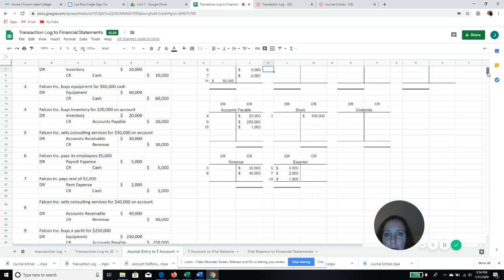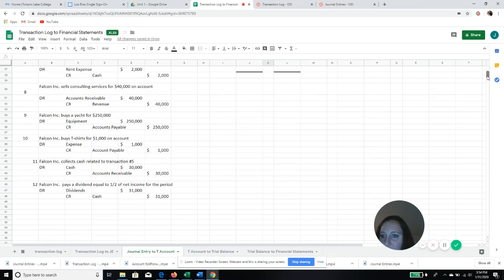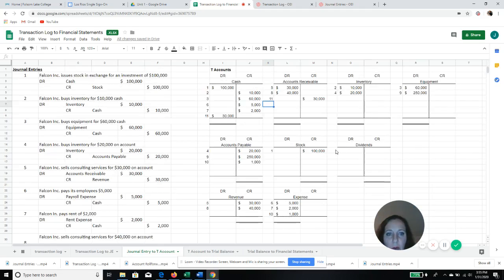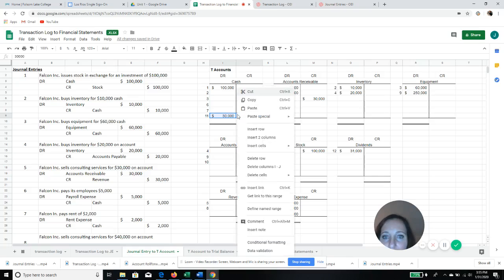Transaction number 12, we paid a dividend equal to 1/2 of net income. So we debited dividends and credited cash for 31,000. So transaction 12, I am going to put 31,000 under the debit side. And I'm out of room here, so I'm just going to insert cells, shift down.